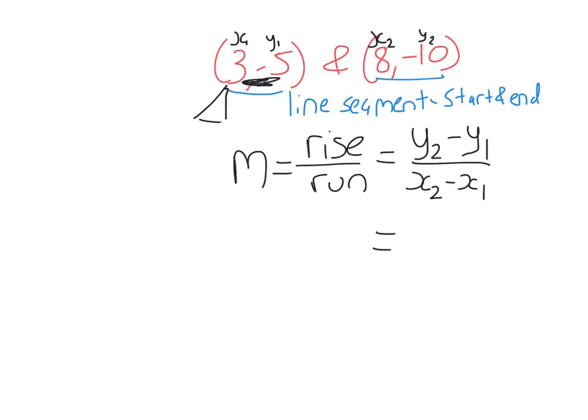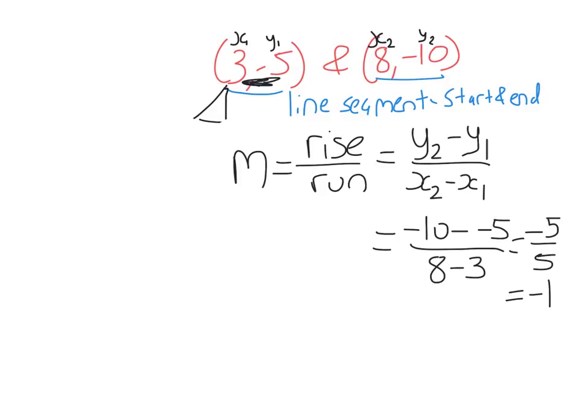So it's y2 minus y1. Again, we've got to be careful with negatives. Over x2 minus x1. So in this case, it would be minus 5 over 5, which is minus 1. So this line segment would have a gradient of negative 1. So if the gradient's negative, that means the line leans left.